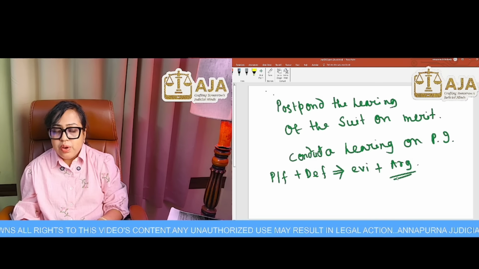Now, as we all know, defendant has raised the preliminary objection. In our case, B has raised the preliminary objection regarding jurisdiction.